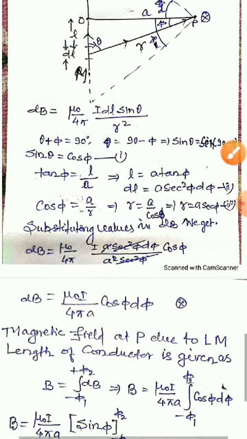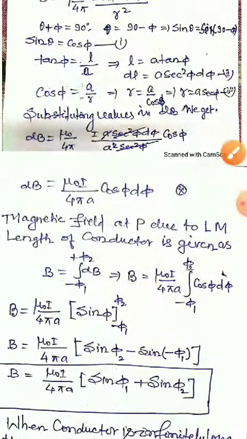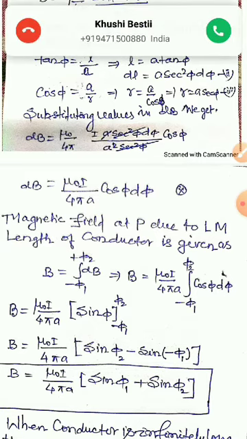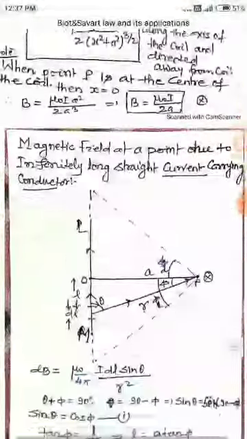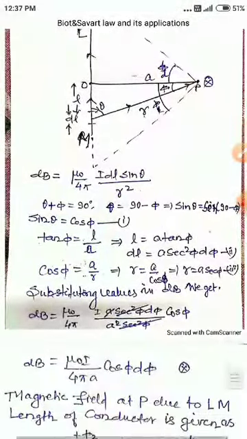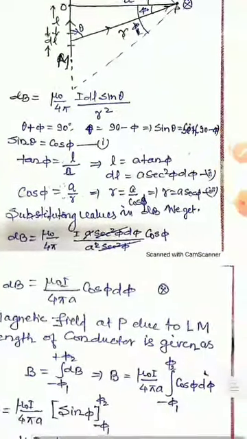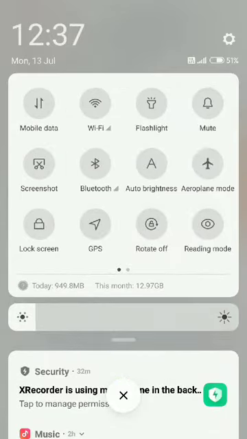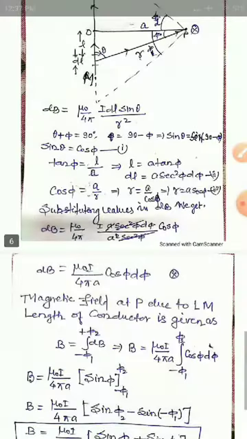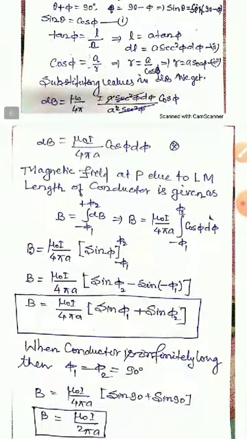Now integrate this dB over the length of the conductor to get the magnetic field at point P due to the conductor.